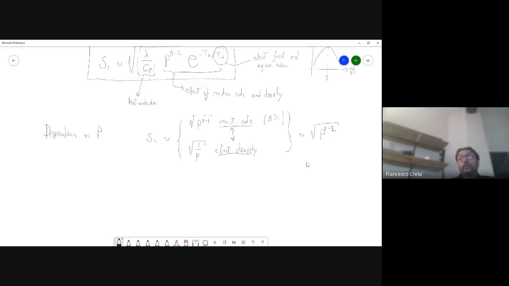So we have to know whether n, the overall reaction order, is bigger or smaller than 2. Because if it's smaller than 2, for all equivalence ratios, then we know that SL will decrease with pressure as a net effect.